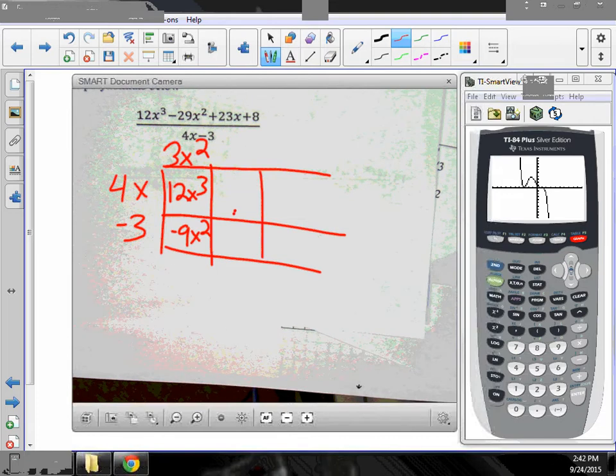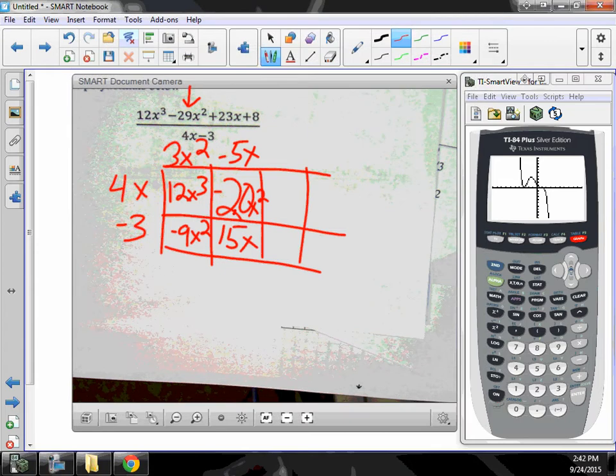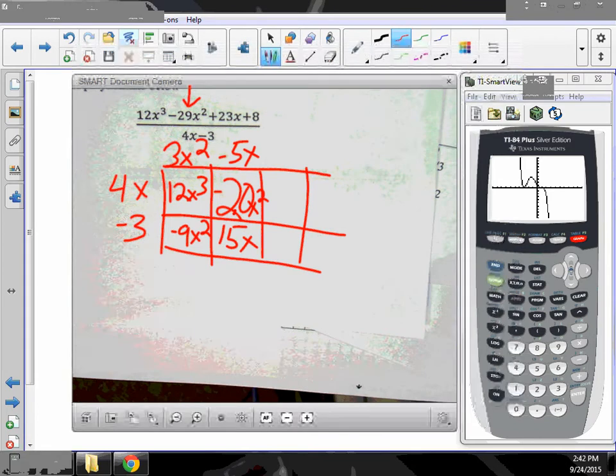Now, what do I need in this box to match negative 29x squared? Need to take away 20 more, 20x squared. So this is going to be minus 5x. This will be 15x. What goes in the next spot? 8x. So this will be plus 2, and that equals negative 6.